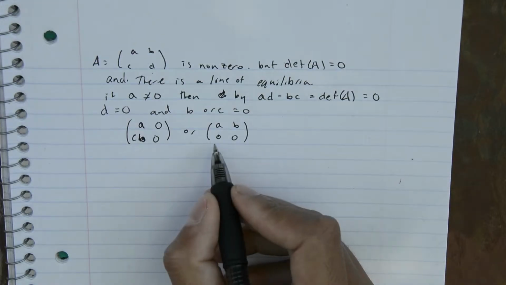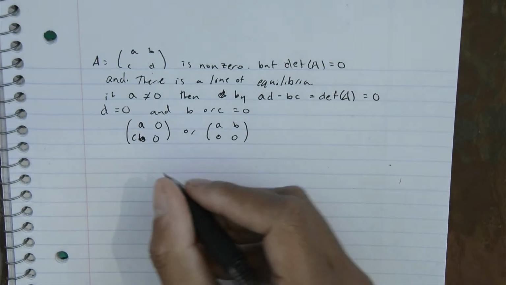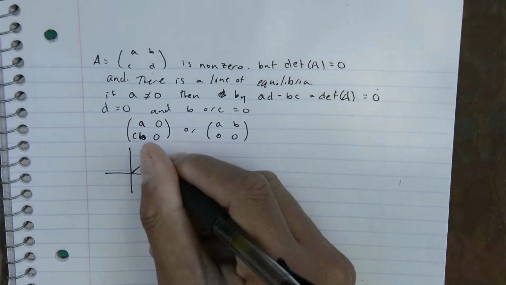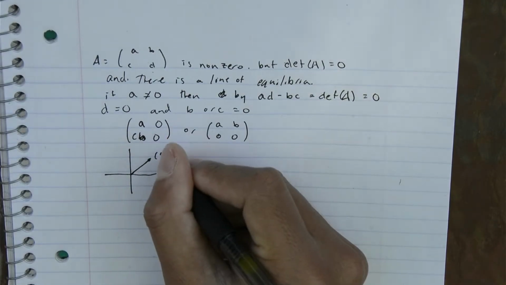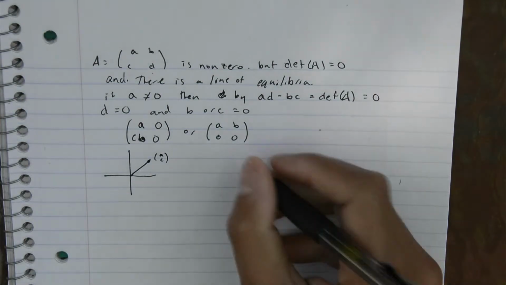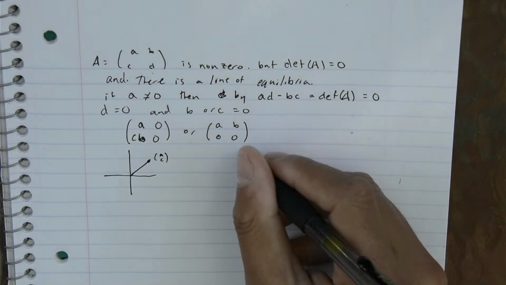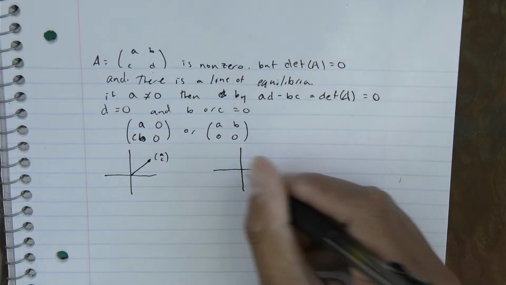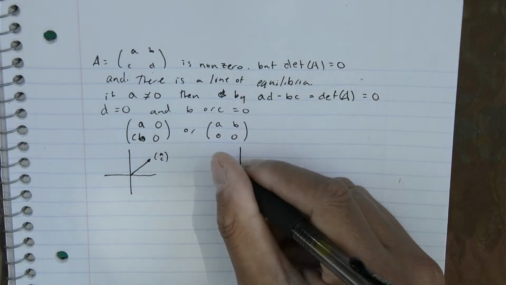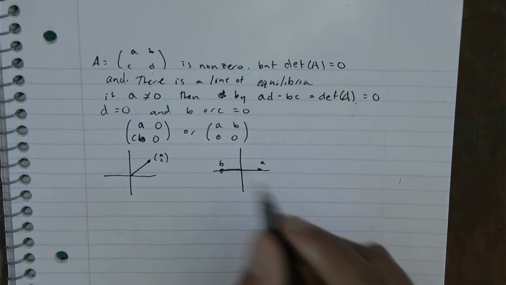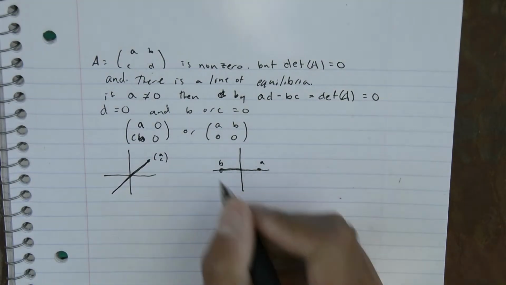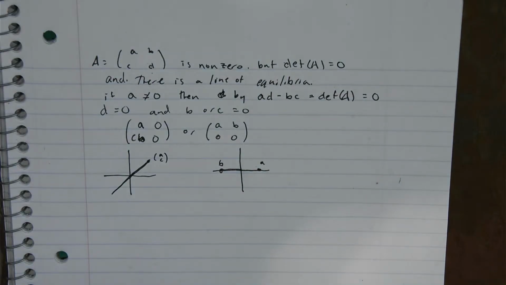So in this case we have a line. Let's just draw it like this. Let's say this is like A, C. But then in this case, we really only have a line like this. And so this could be A and this could be B. So here, this is the span of our solutions, and then just the x-axis is the span of our solutions there.